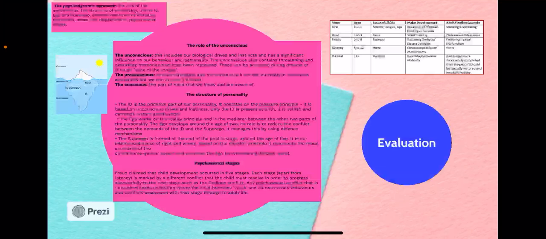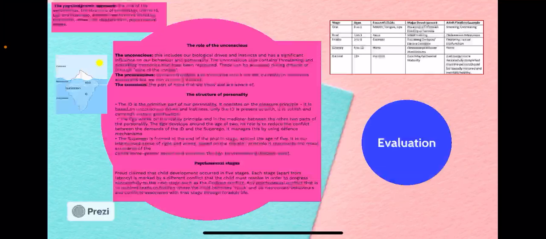So for example, if we look at Little Hans' research, Freud's research with Little Hans, Little Hans repressed his fear of his father, and this came out as a different behaviour, as a phobia of horses, because he associated the horses with his father's image.